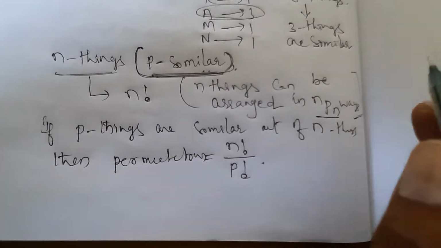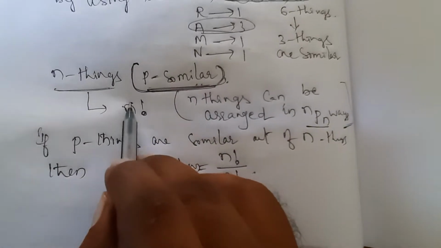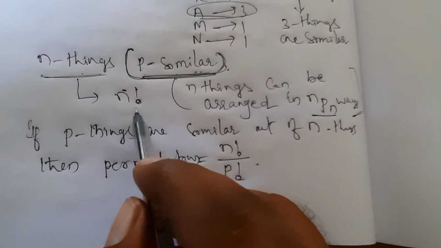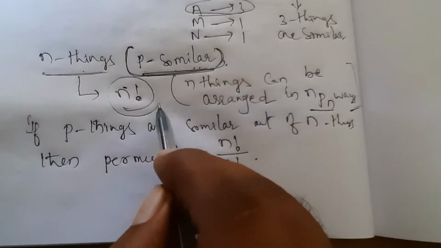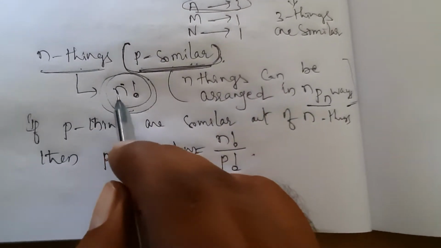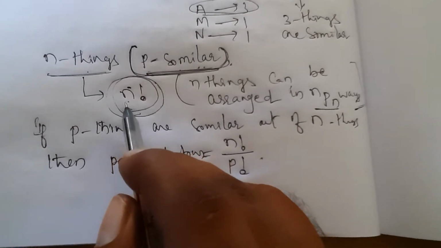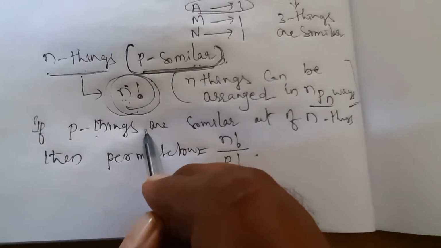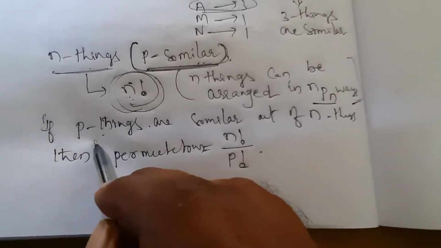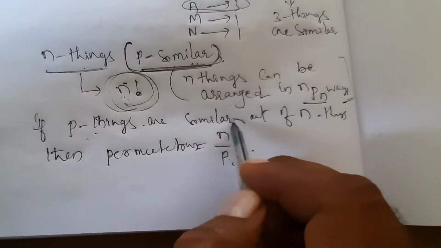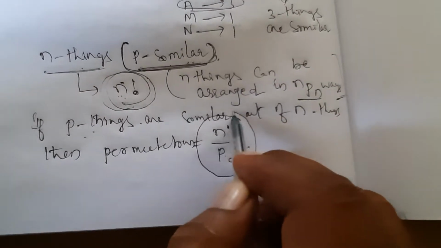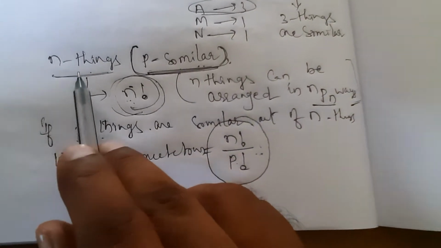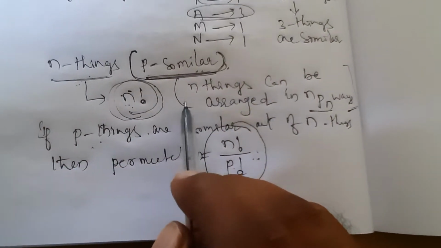So the basic idea is, if n things are given and p things are similar: if you treat n things as different, how many permutations can we form? n factorial, this concept we already gave. But out of these n things, p things are similar, they never form different kinds of permutations. So we have to divide with p factorial. Then you will get the total number of original permutations from the given n things out of which p things are similar.